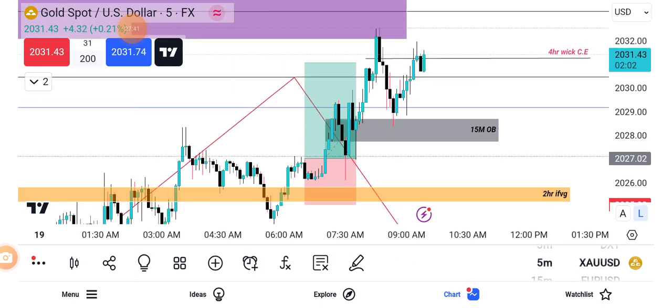So the plan for the day was I wanted to see higher prices, to clear the Asia highs, and react off the daily, weekly, consequent encroachment.